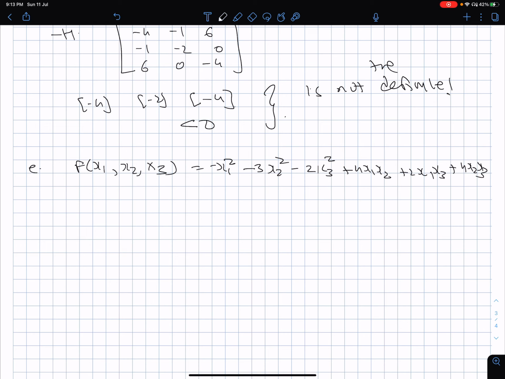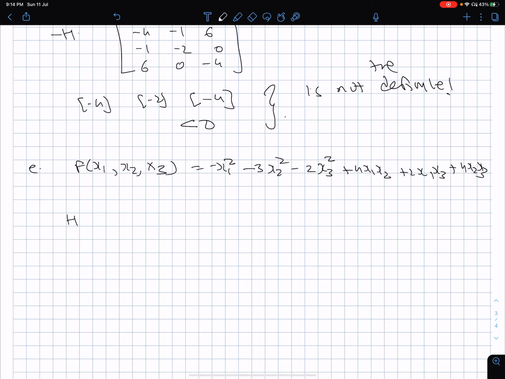So the function is minus of x1 square minus of 3x2 square minus of 2x3 square plus of 4x1 x2 plus of 2x1 x3 plus of 4x2 x3.